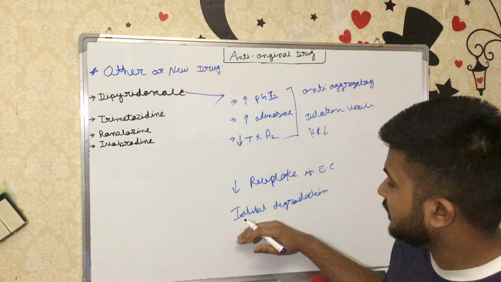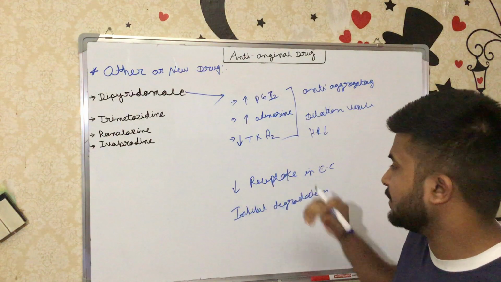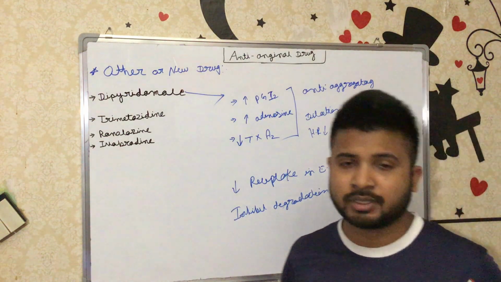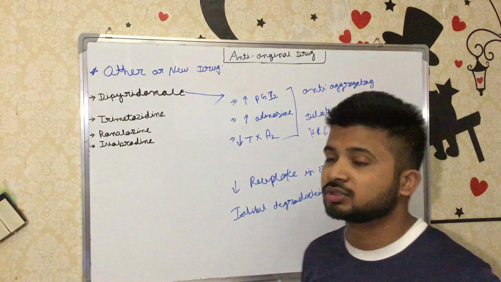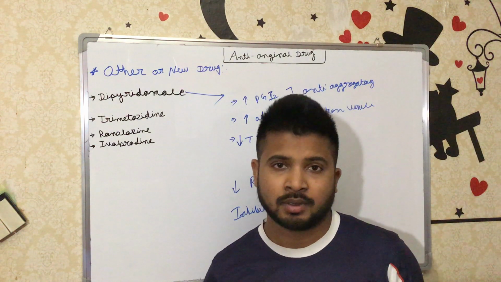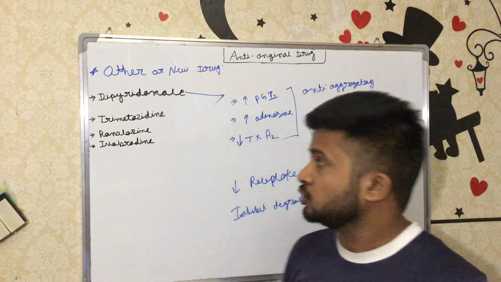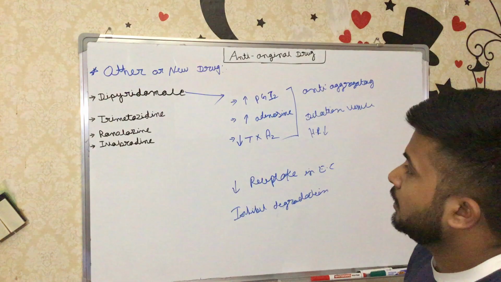So it inhibits the degradation and decreases the reuptake into the endothelial cell, and both lead to increased adenosine, which starts its own function. So this is all the information about dipyridamole.